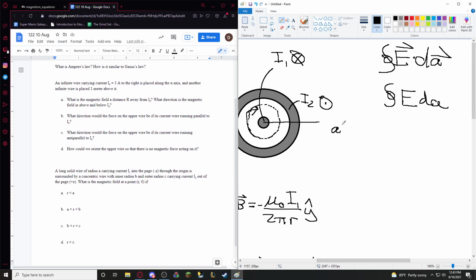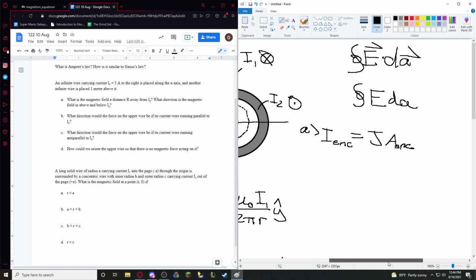Well, we know the area, I believe. First of all, we change it around and make it I equals J times A. So I enclosed is equal to J times the area enclosed.